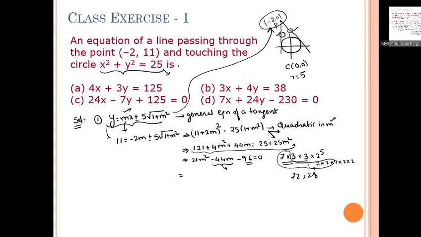Good. So this implies 21m square minus 72m plus 28m minus 96 is equal to 0, which implies 3m times 7m minus 24 plus 4 into 7m minus 24 is equal to 0. So m is equal to either 24 by 7 or minus 4 by 3. Yes or no?